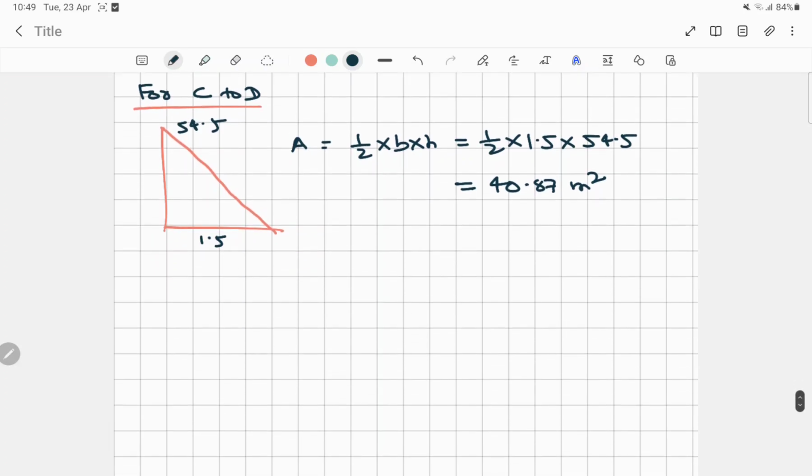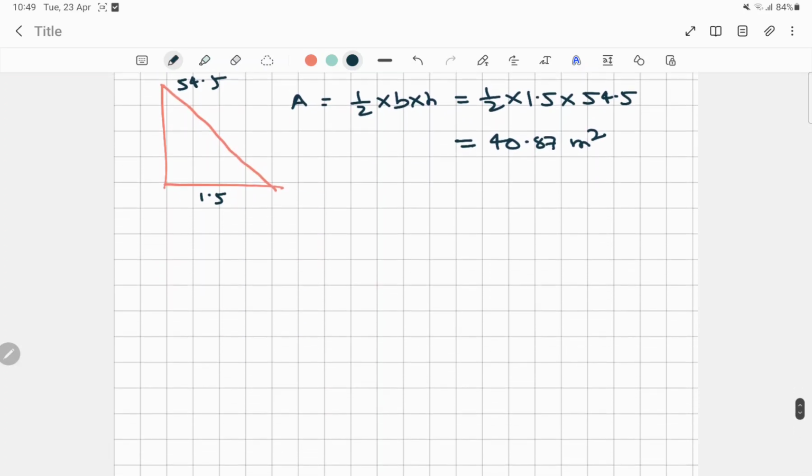Our motive is to find the slope at A. So to find the slope at A, let's draw the free body diagram now. This is RA, RB.